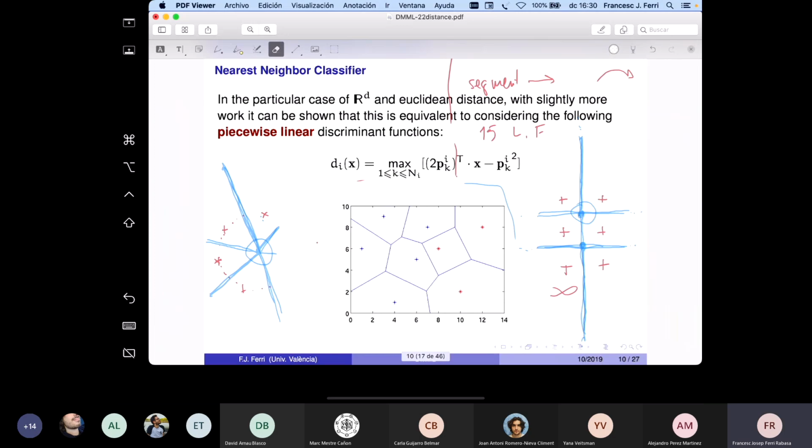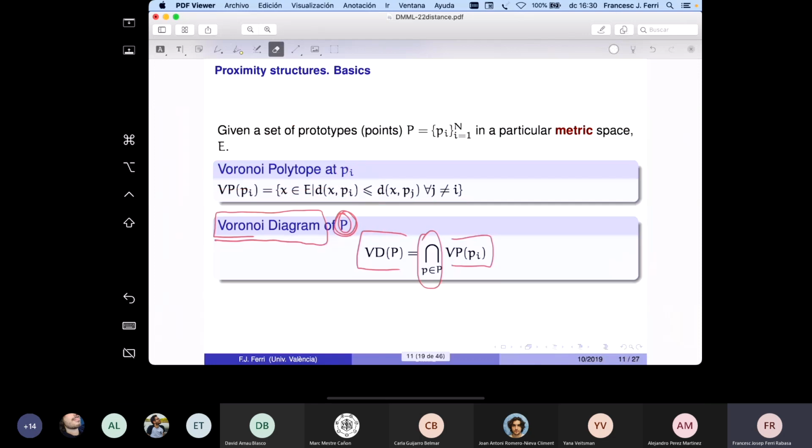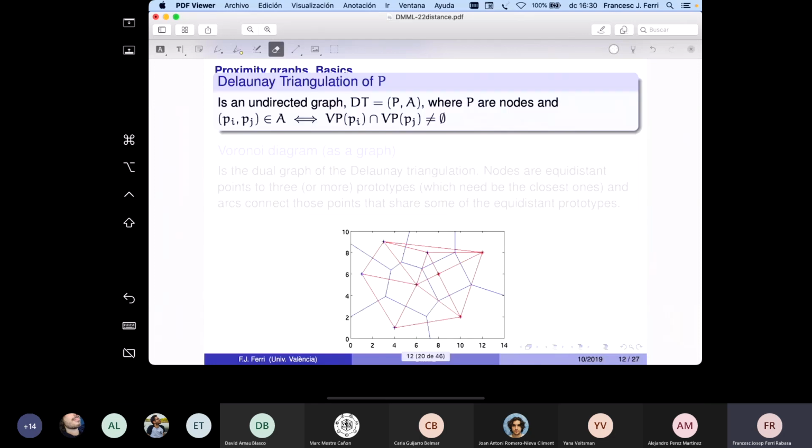In the Delaunay triangulation, we are going to establish relations between the points according to the Voronoi diagram in the following particular way.